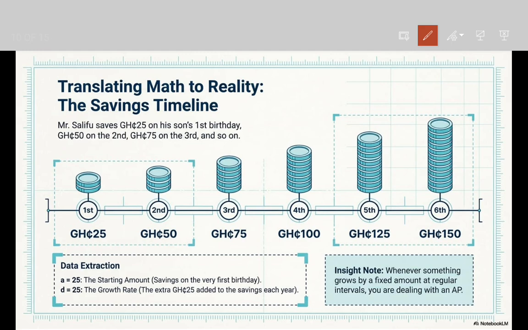Fixed amount at regular interval. So this grows by 25, 25, 25, grows by 25. Okay.